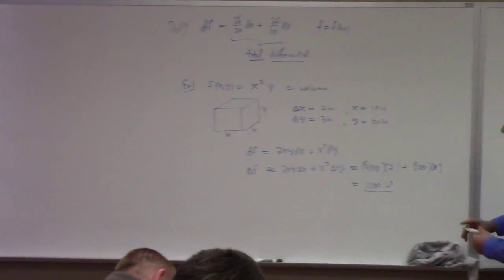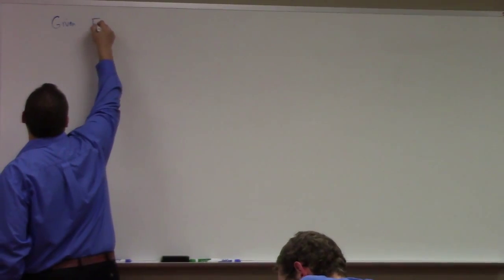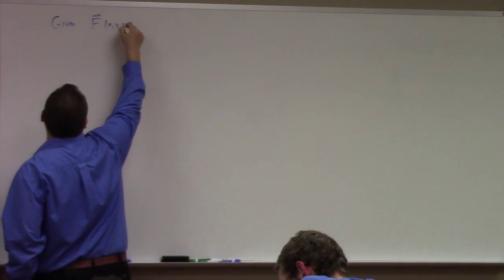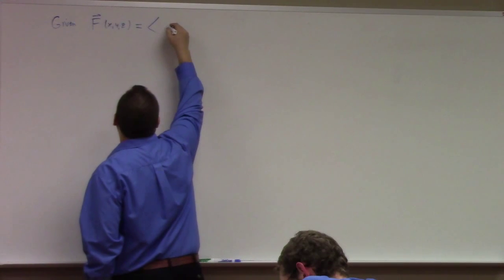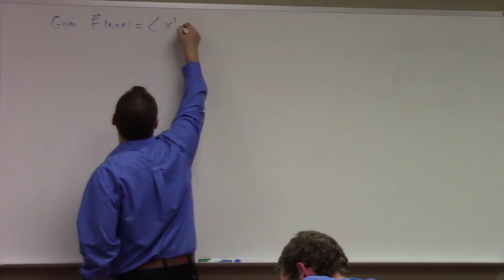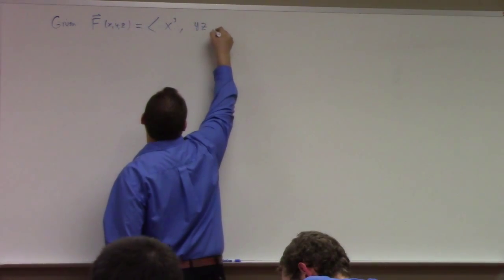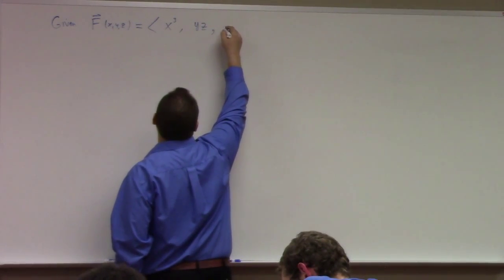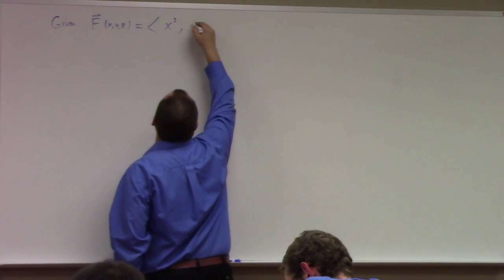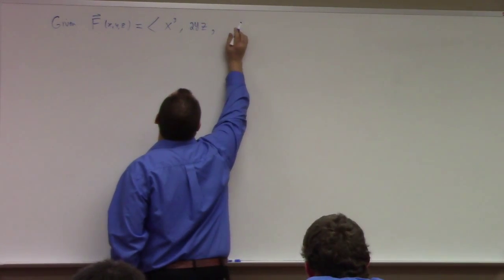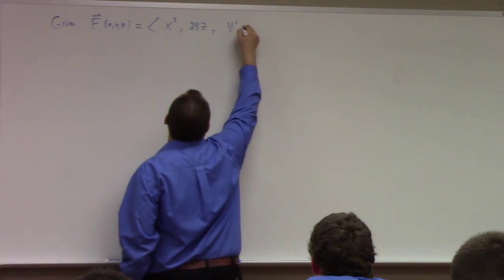So your question is something like this. Given a vector field, a function of 3 variables, and I don't know, how about this? Let's see here, x cubed, 2yz, oh man, let me make that a 2yz, y squared plus e to the z.